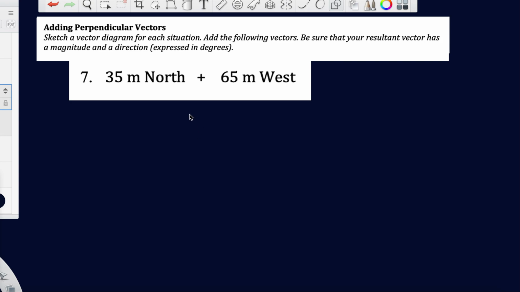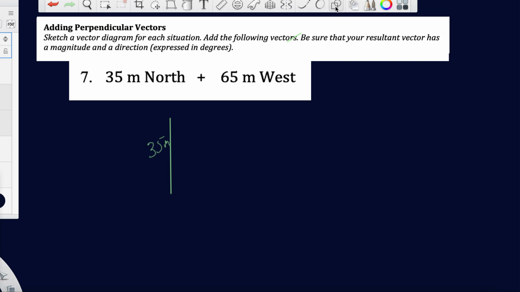So we're going to find an angle. And this is fun, right? We'll make a line, and I'll keep this color. We'll say straight north. This is 35 meters.